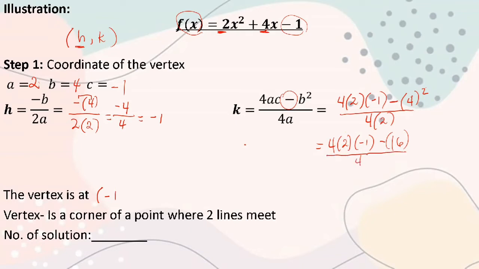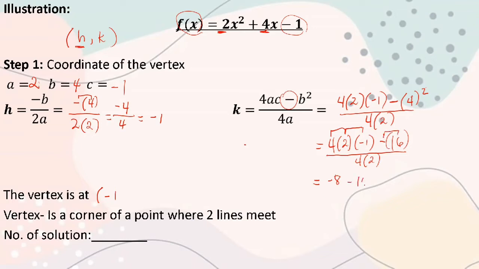Now, let's solve the parentheses. Eliminate the parentheses by solving it. So, 4 times 2 is positive 8. And then positive 8 times negative 1 is negative 8. And then, negative times positive 16 is negative 16.